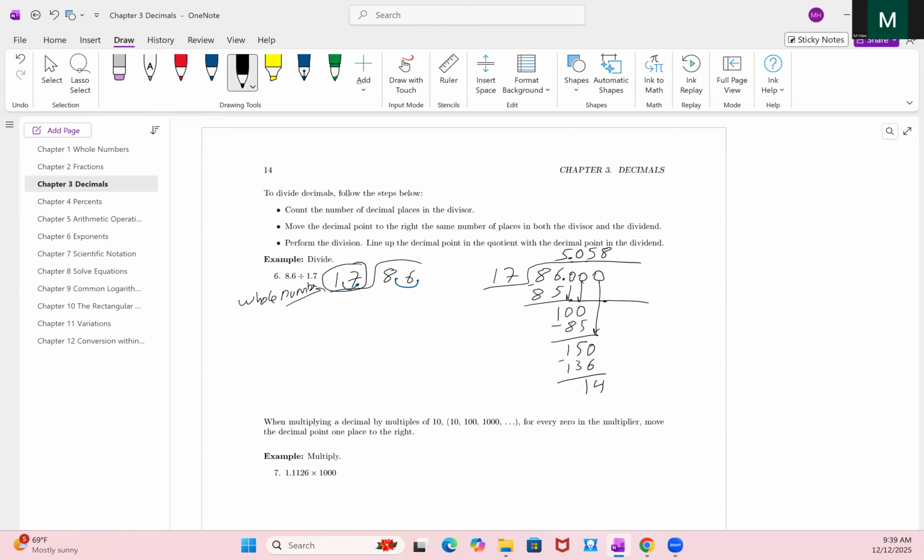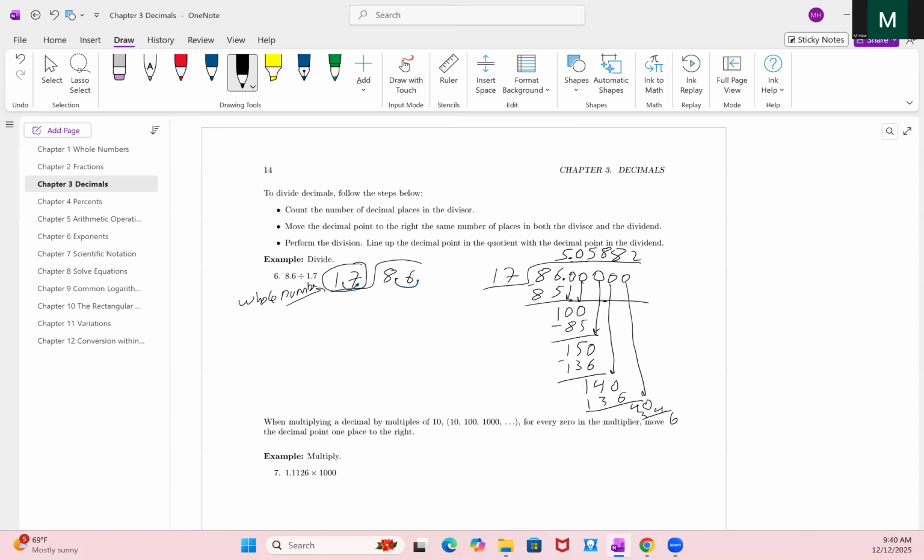Put another terminal 0, bring it down. How many times would it go? 8 times. 17 times 8 is 136. Subtract. 10 minus 6 is 4. So the remainder is 4. Put a 0 here, bring it down. How many times? 2 times. 2 times 17 is 34.